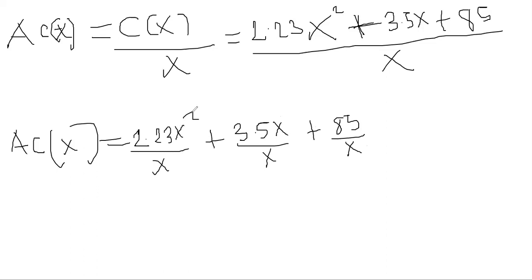This x squared is nothing but x times x. So we cancel here, and we cancel here. There is no x in the numerator of the last term, so that one will stay. So at the end of the day, our average cost will be what? 2.